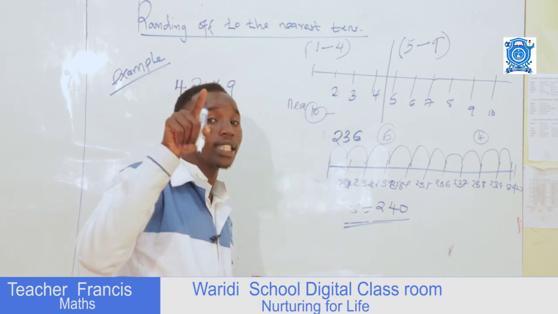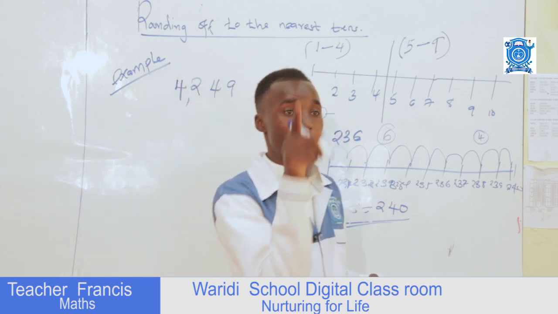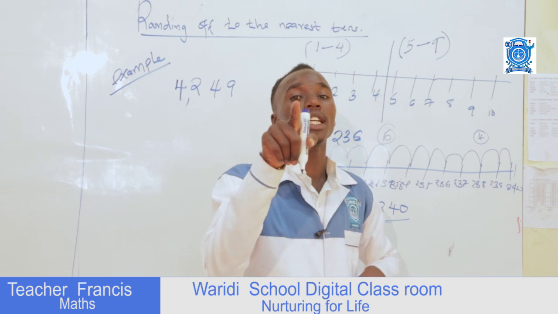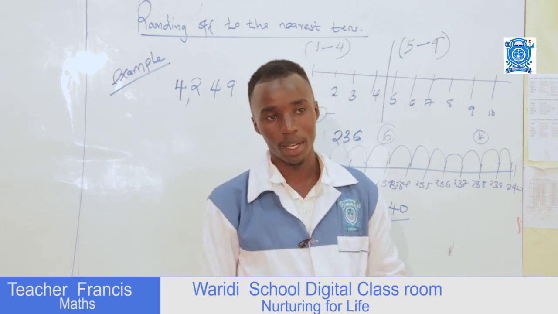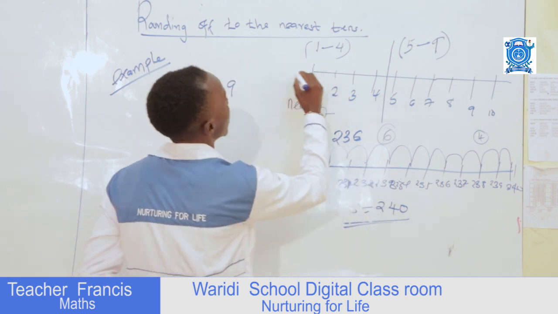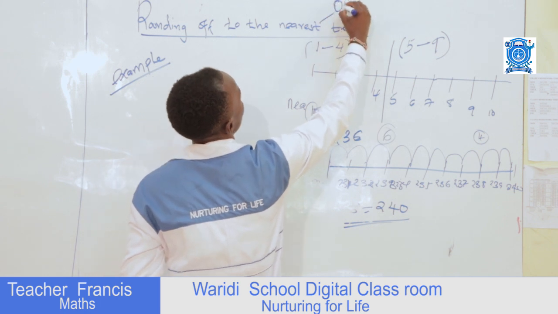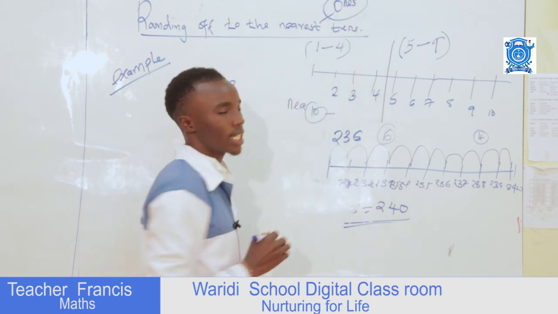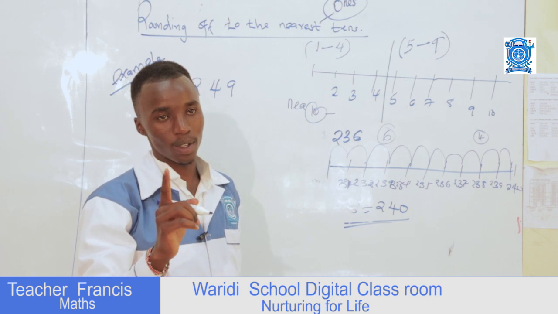The first thing in rounding off to the nearest tens is to consider the place value and look at the number that is in ones. What do I mean? In rounding off to the nearest ten, we look at the number in the ones place value.